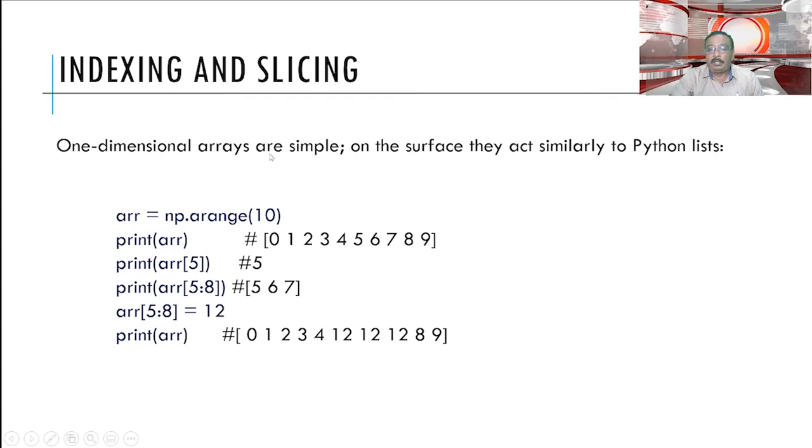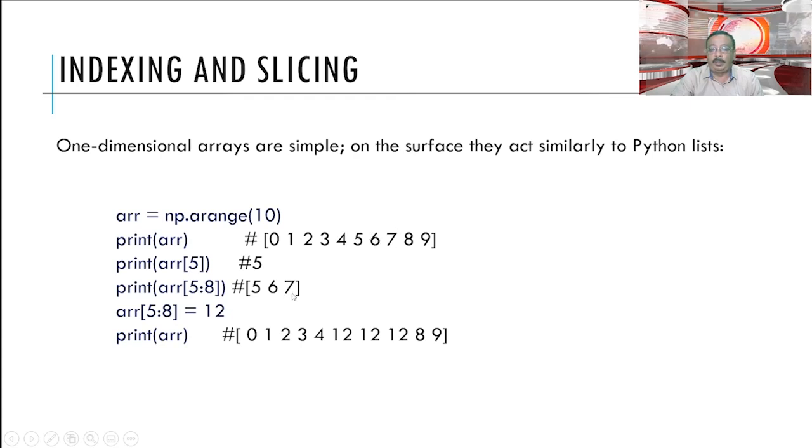And in indexing, we can use two parameters, the starting value and the end value. So array[5:8] means start from position number 5 and go up to 8 minus 1 location, that is 7. So 5 to 7. In this array, 0, 1, 2, 3, 4, 5 is 5, then 6, 7.